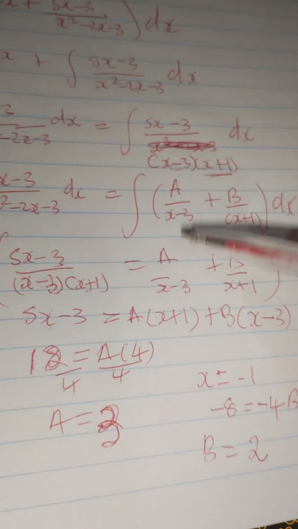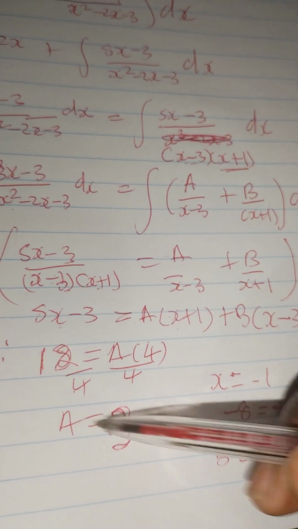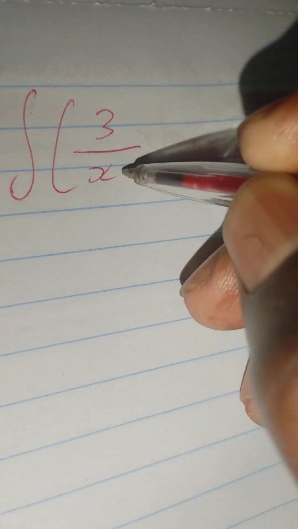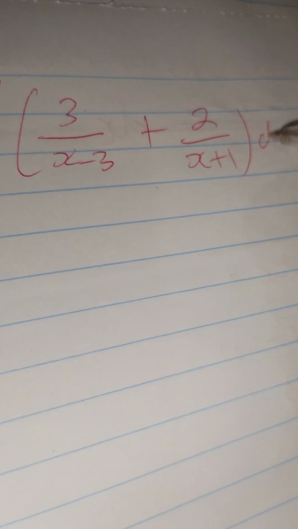So then you go back here and substitute your A and B. So now we're going to have the integral, your A was 3, and this is x minus 3, and then plus your B is 2 over x plus 1 dx.